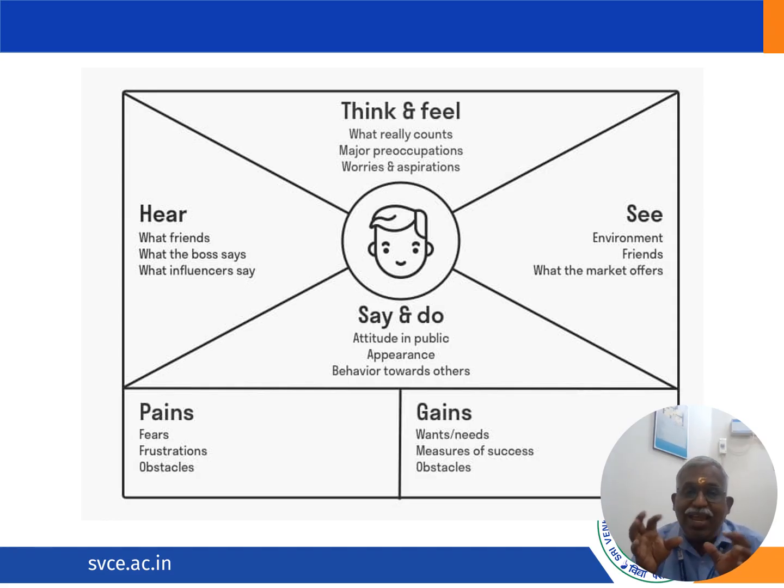We understand the gain, need, and want. What we want immediately is the need. Understanding the need and want based on the four different quadrants: hearing, thinking, seeing, doing. Based on that, we have pain and gain.